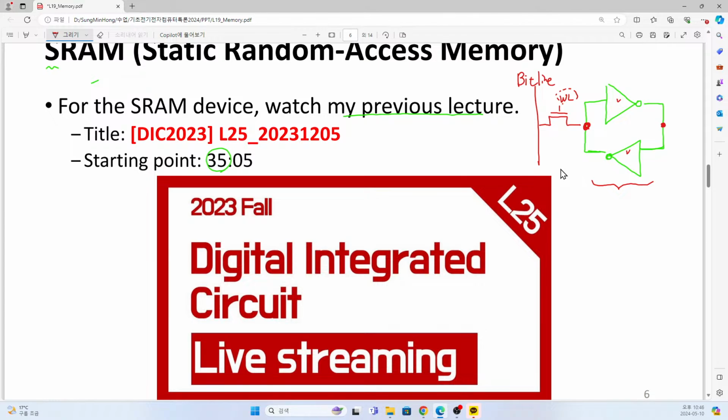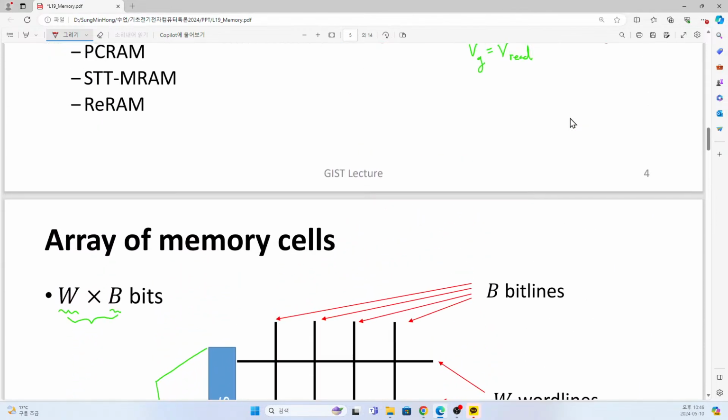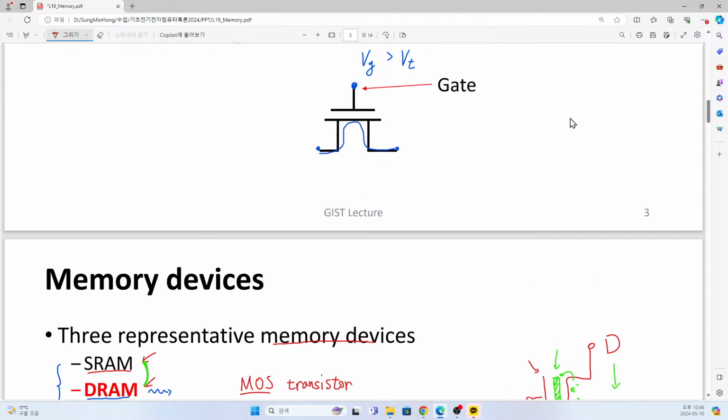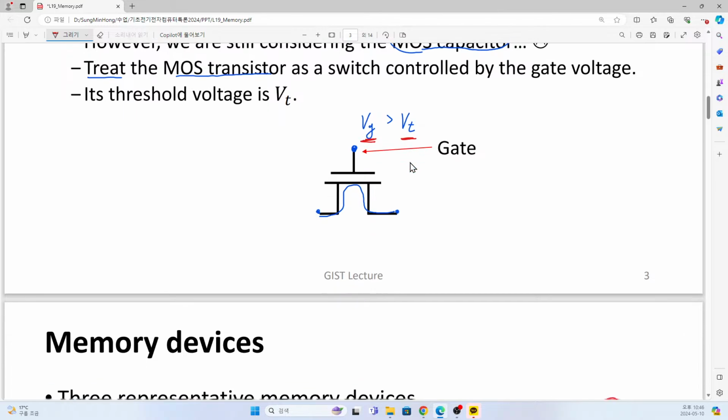Once we write something and want to just keep this number, usually the word line voltage is kept as 0. Then electrically, as I told you in my previous slide, we can treat this transistor as a simple switch, and if the gate voltage is lower than the threshold voltage, then this transistor is working as a disconnected line.